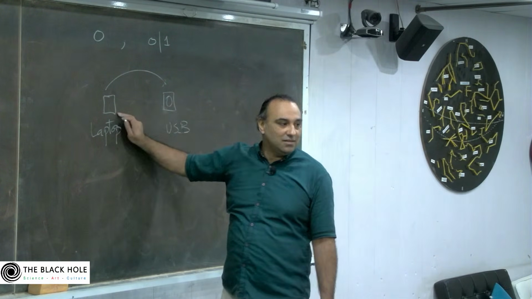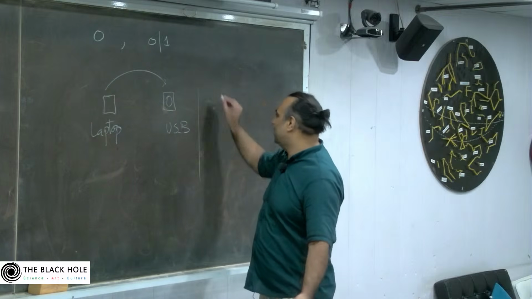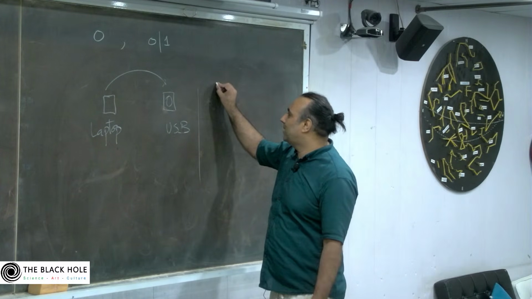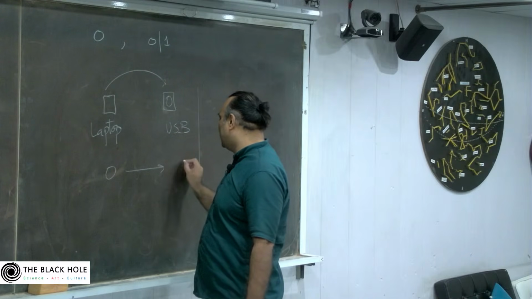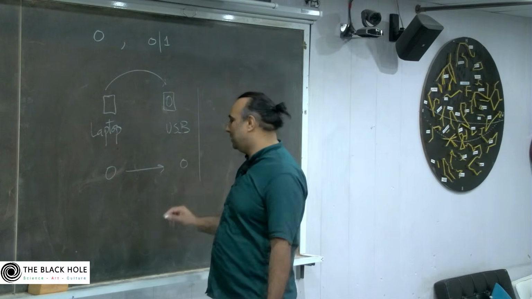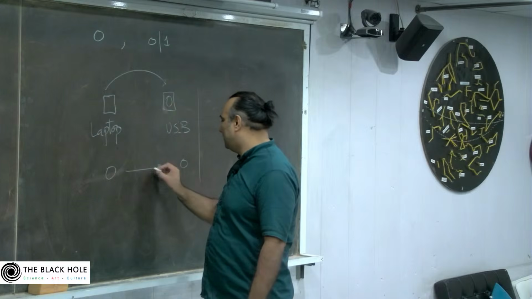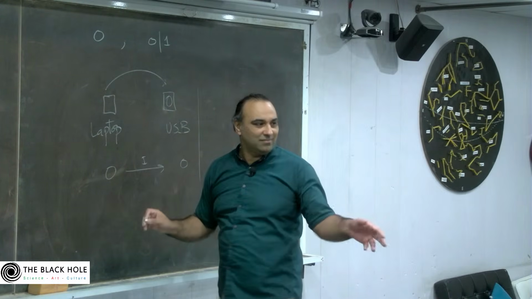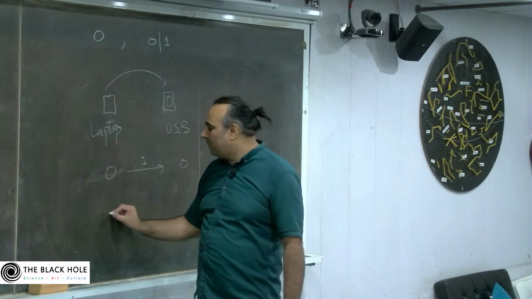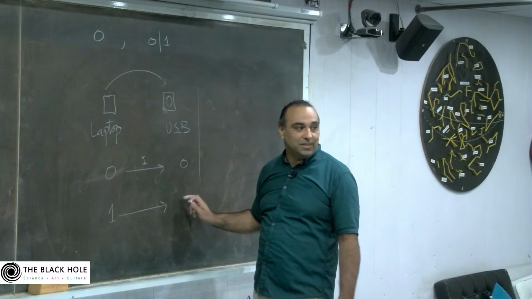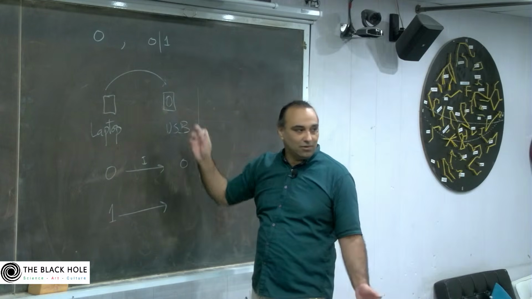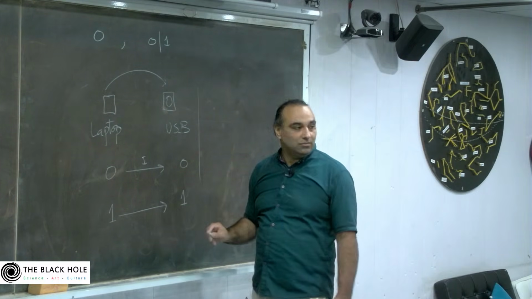So the protocol is, if your laptop bit is 0, you don't do anything. Let me call it identity. If this is 1, you need to have this bit flipped because it's originally in 0, so you want to make it 1.